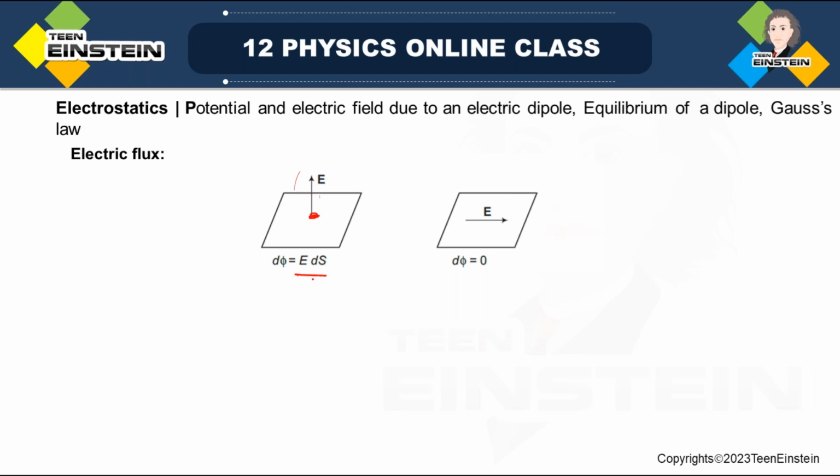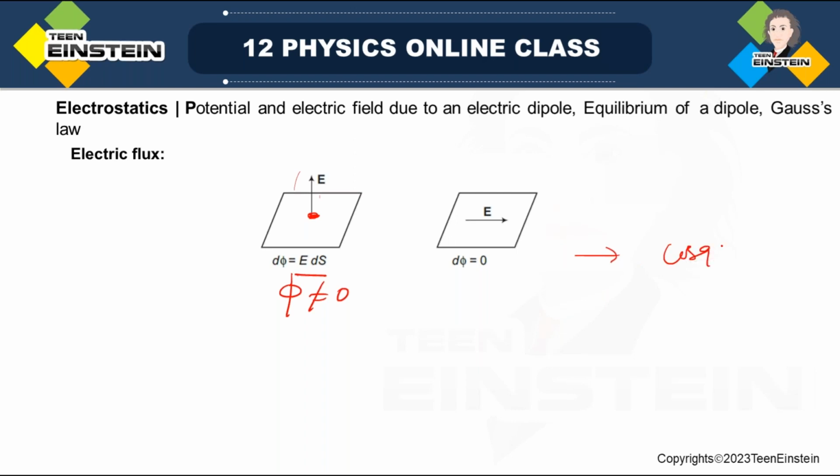So we have the finite electric dipole. Sorry, field due to a dipole. This is actually flux. What I'm trying to say is this is non-zero flux. But when the electric field is tangential to the surface, as you see, in that case the area vector and electric field will be perpendicular to each other.